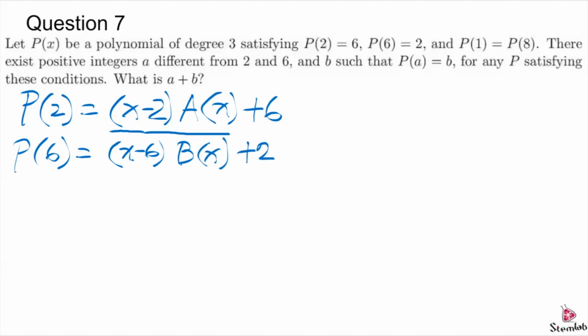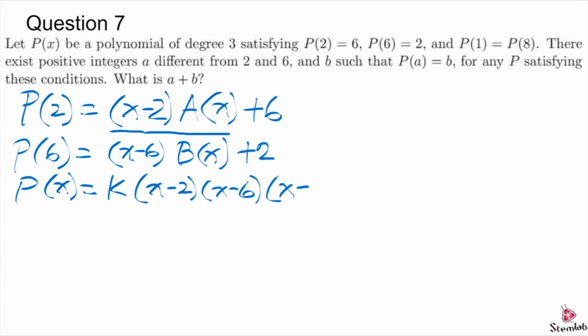But note that we can also combine these, so p of x equals a constant times x minus 2, x minus 6, and x minus some other root, plus some remainder, r of x.